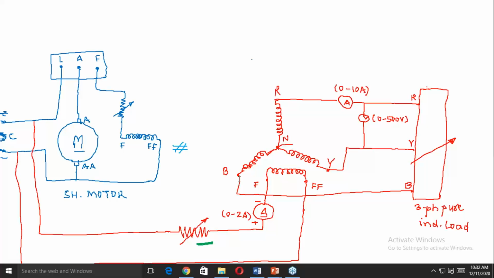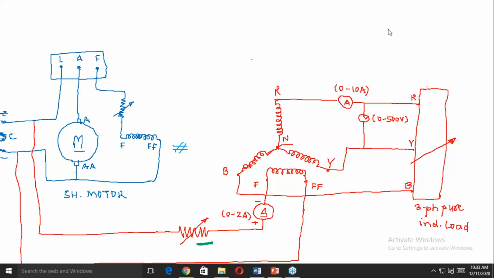So what is the effect of load on the motor? Speed will decrease slightly. Okay, speed slightly decreases. Okay, speed remains constant. Now see, torque increases, speed decreases, frequency decreases.